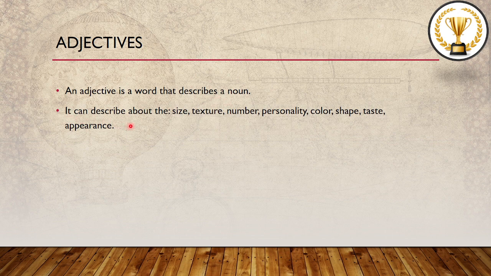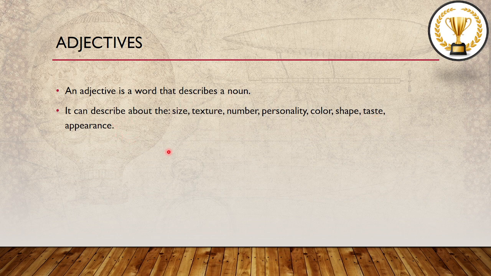It can describe the size, texture, number, personality, color, shape, taste, and appearance. So adjectives describe a noun. These descriptions include size, texture, number, personality, color, shape, taste, and also the appearance.